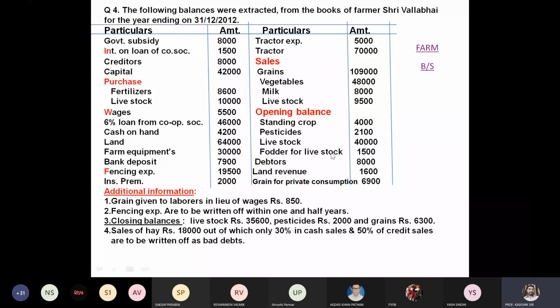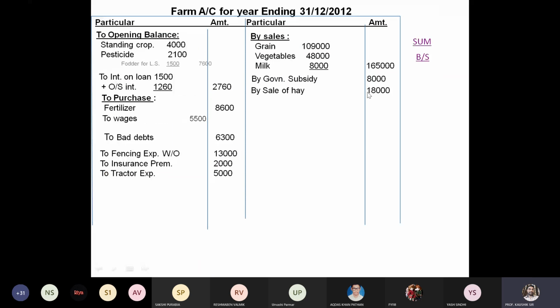Okay. So the opening balance, debit side of the farm account, standing crop, pesticide, fodder for livestock. Total 7,600 opening balance.